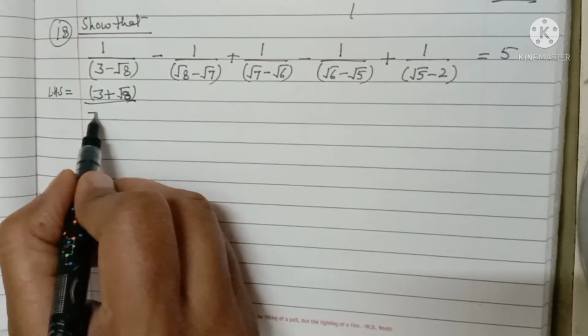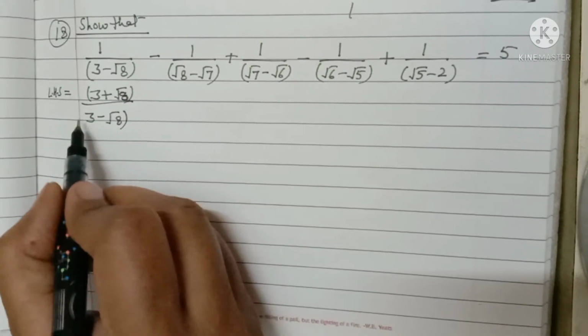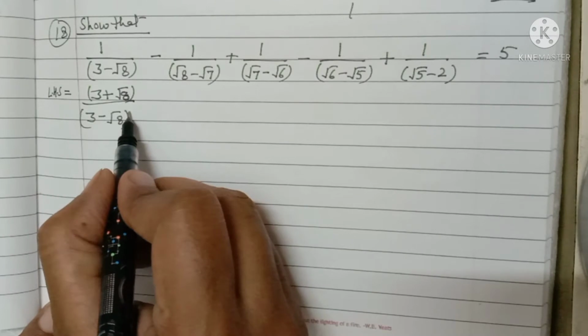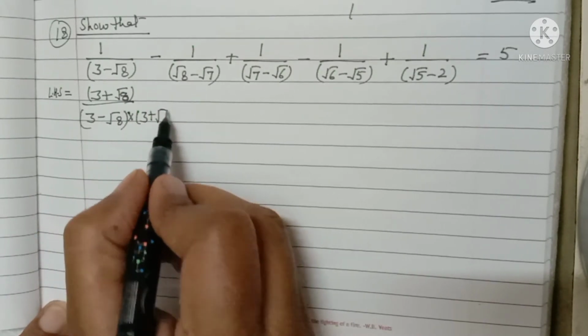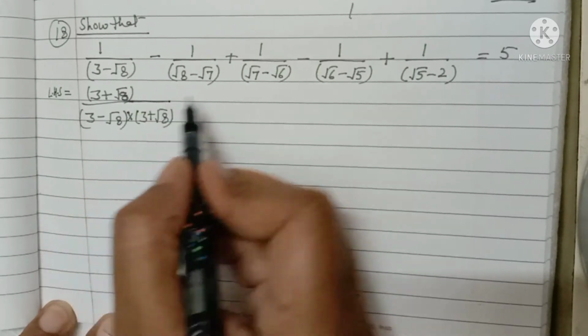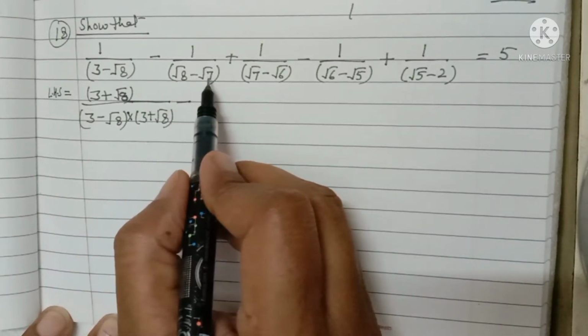upon 3 minus root 8 and multiply by 3 plus root 8 minus, here root 8 minus root 7.